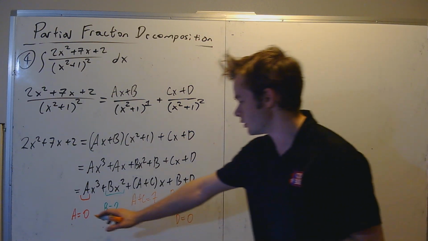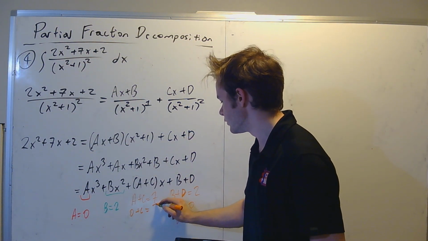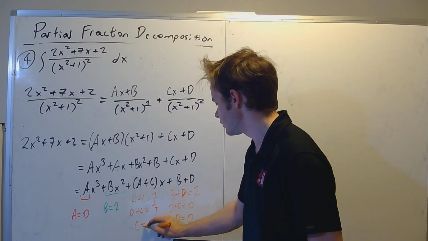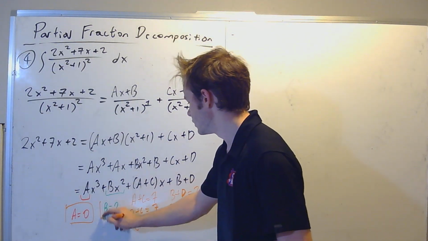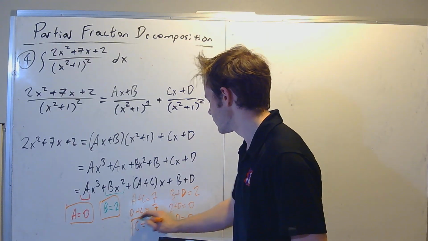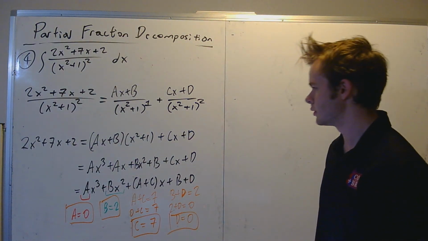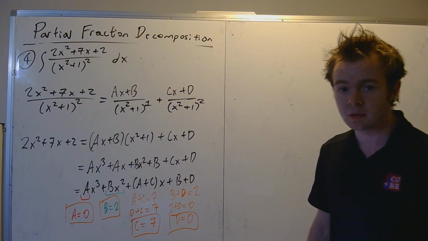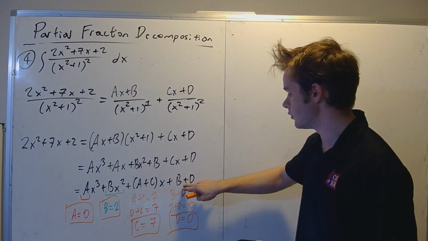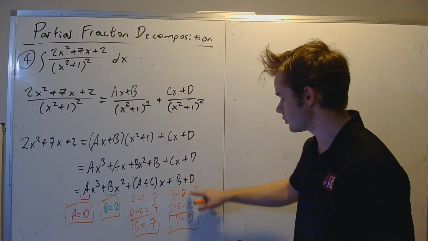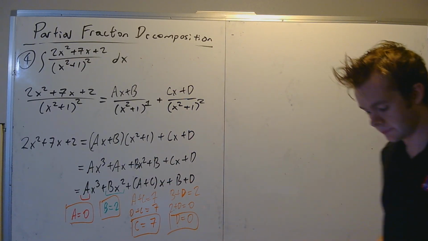And we actually already know what a is, so 0 plus c is 7, that gives us that c is 7, right? So we found a, b, c, and d, right? Okay, so I just looked at the left to figure out what each of these coefficients should be, and then just solved for each of the variables.